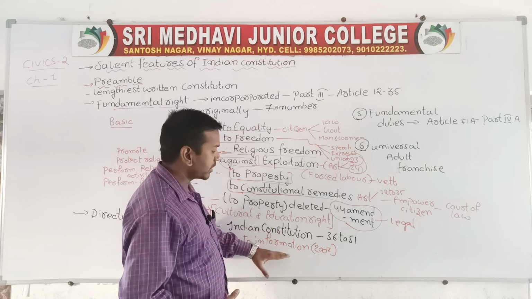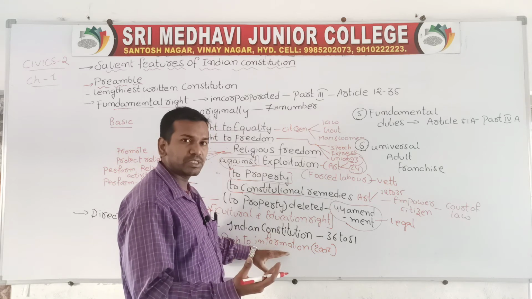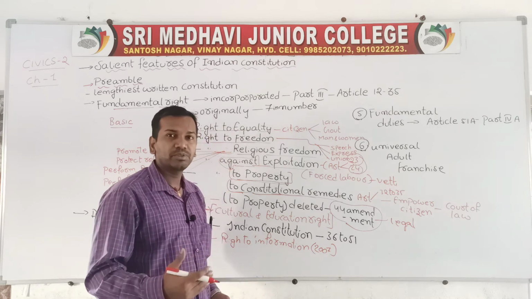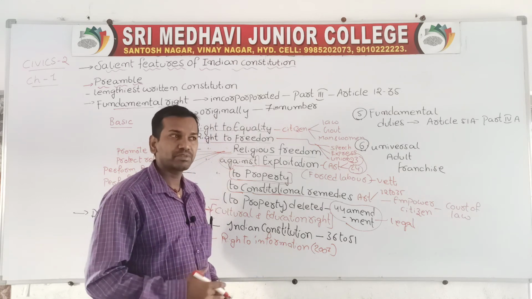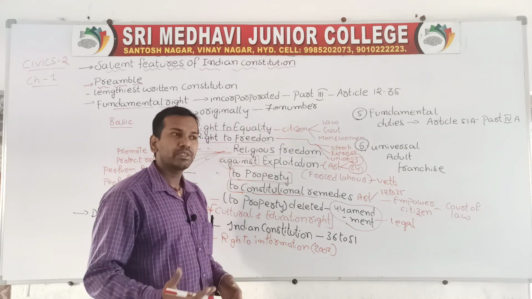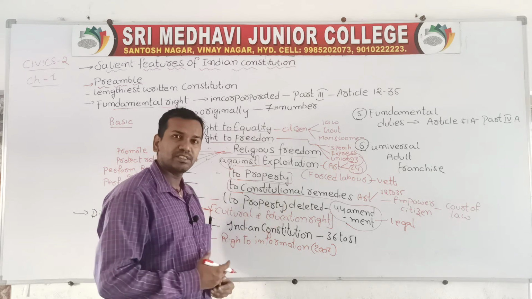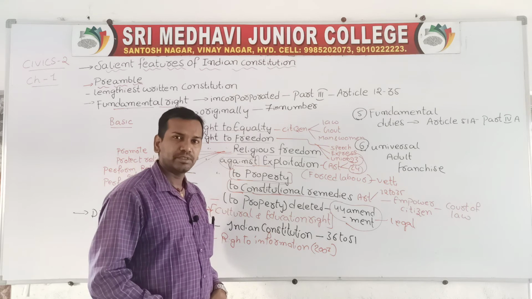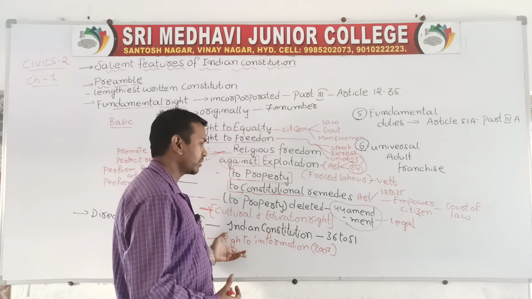According to this right, if any people want to receive any information from any public organization, they have the right. Suppose you want to get information from any department, or from any industry related to the public, then you can get that information easily. So this is called the right to information.